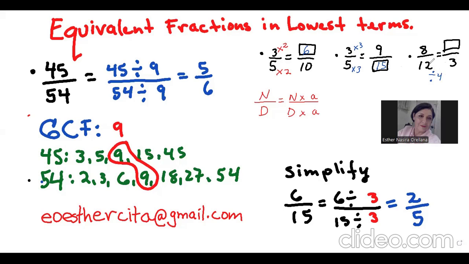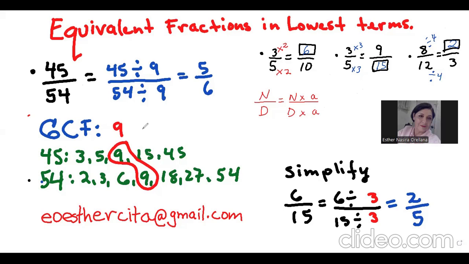So if the denominator was divided by 4, I need to do that in the numerator, and the answer would be 2. So 8/12 is the same as 2/3. Sometimes it's very easy to find the equivalent fraction when we have a clue. But at other times, we don't have anything. We need to find it.